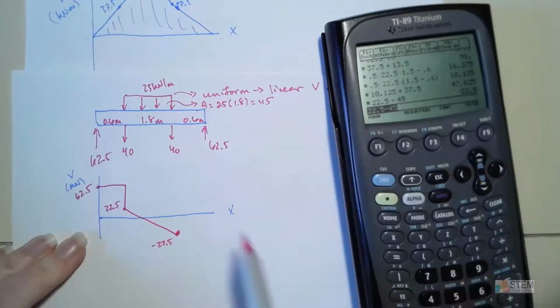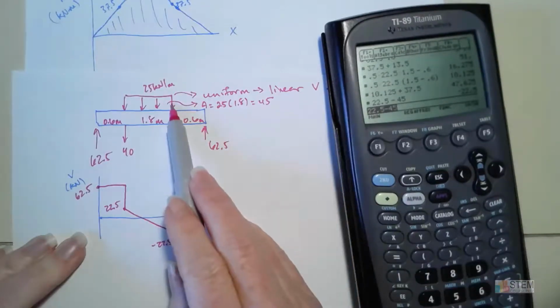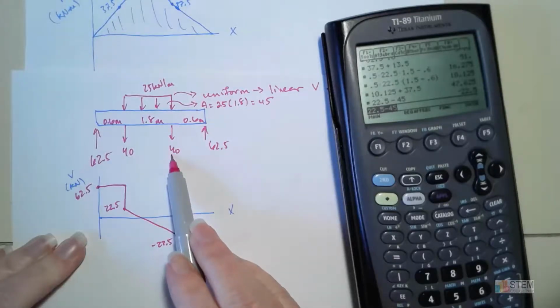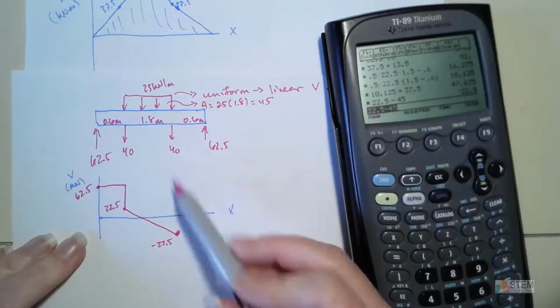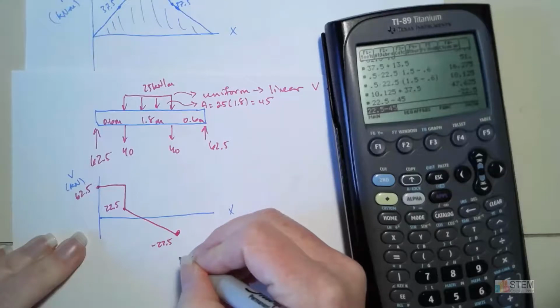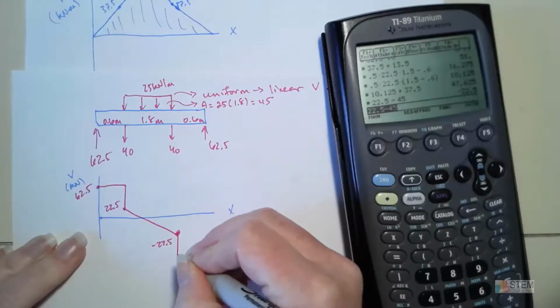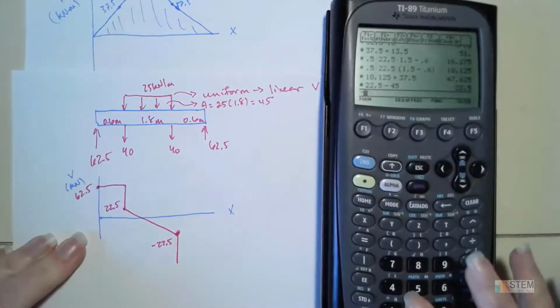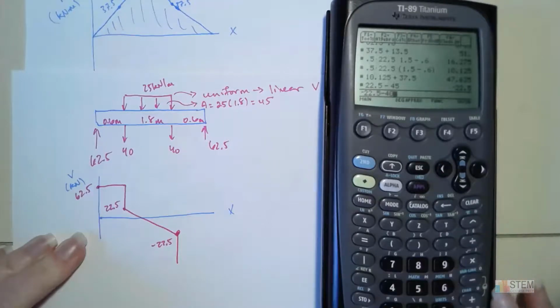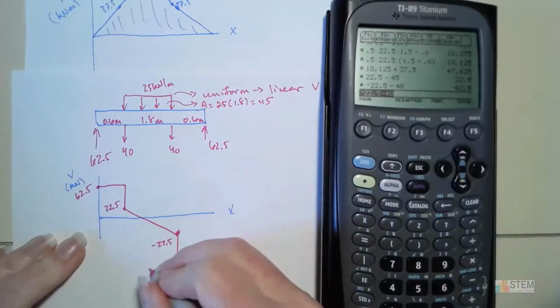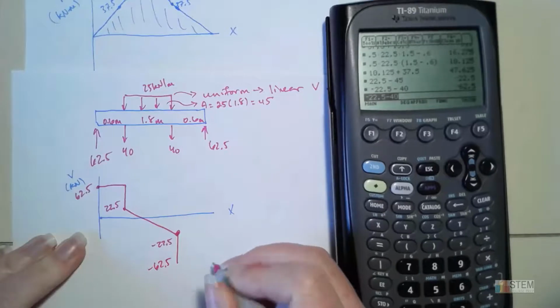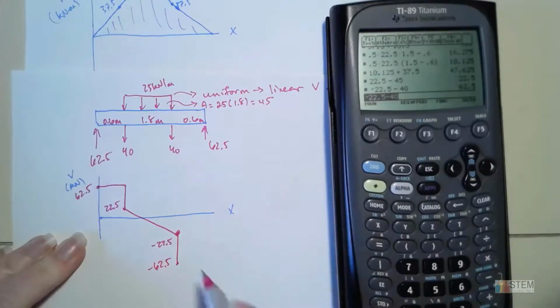Now, we've taken care of this, but now we've got this 40 here. This 40 means we're going to drop down by 40 again. So if I do negative 22.5 minus 40, I get negative 62.5. That takes us to here.